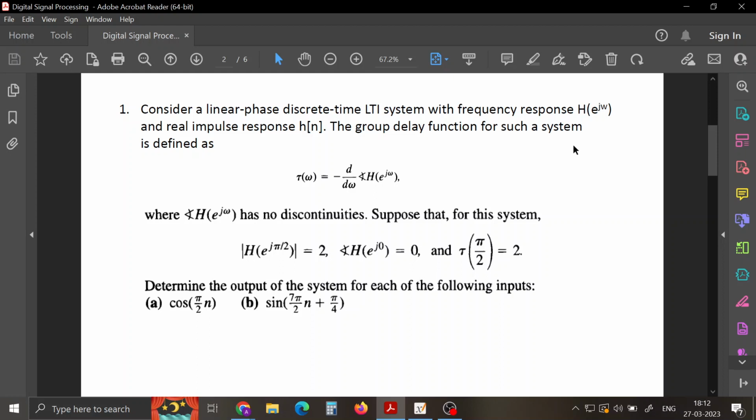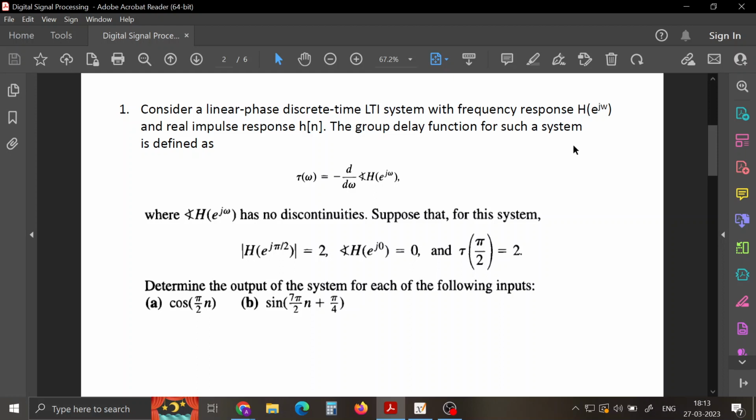And as we have seen in the lectures, the group delay for such a system is defined by tau of omega, which is nothing but the negative derivative of the phase of the frequency response.